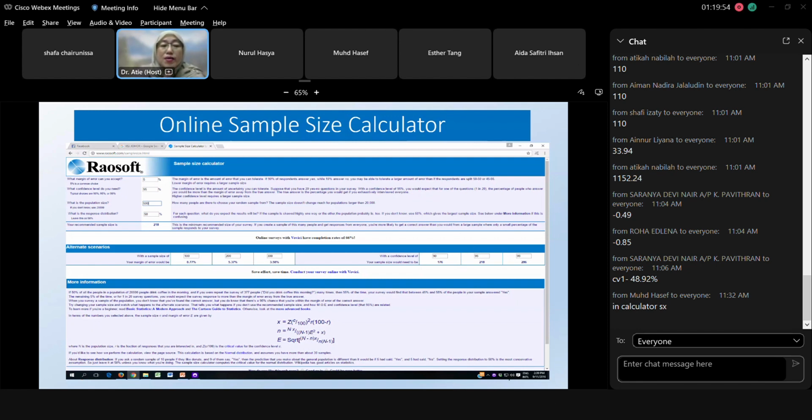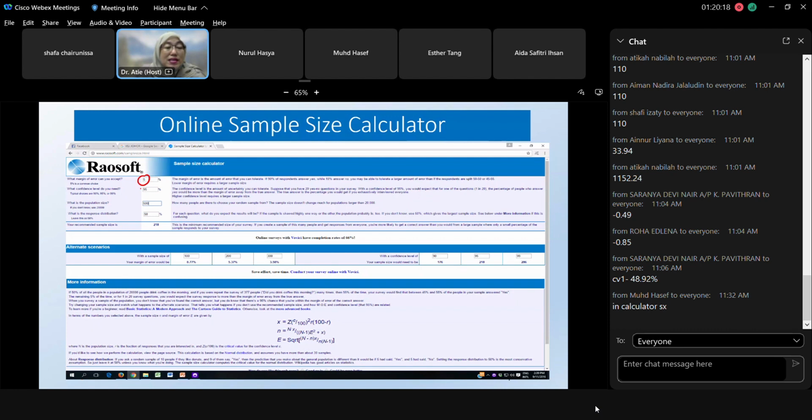Okay. Now, how are we going to use this ROSOF? It's very, very simple and user friendly. The first one is, what is the margin error? As I told you before, we just choose 5%. And then what is the confidence level?